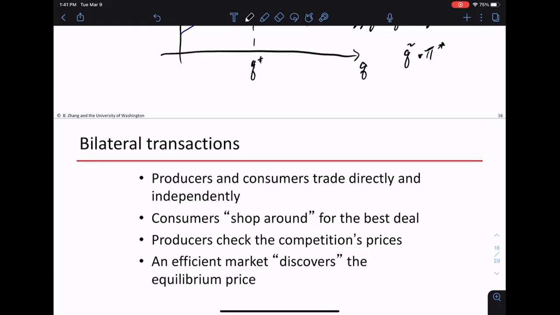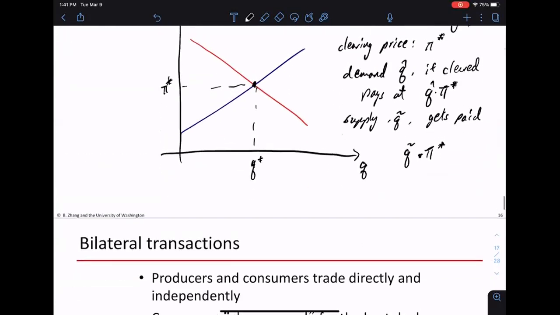So why is this good? Why, from a regulatory perspective, when we design a market this way, why not just open the floodgate and let everybody talk to everybody else? The idea of having the centralized auction and making all transactions happen at the same clearing price pi star is the following.